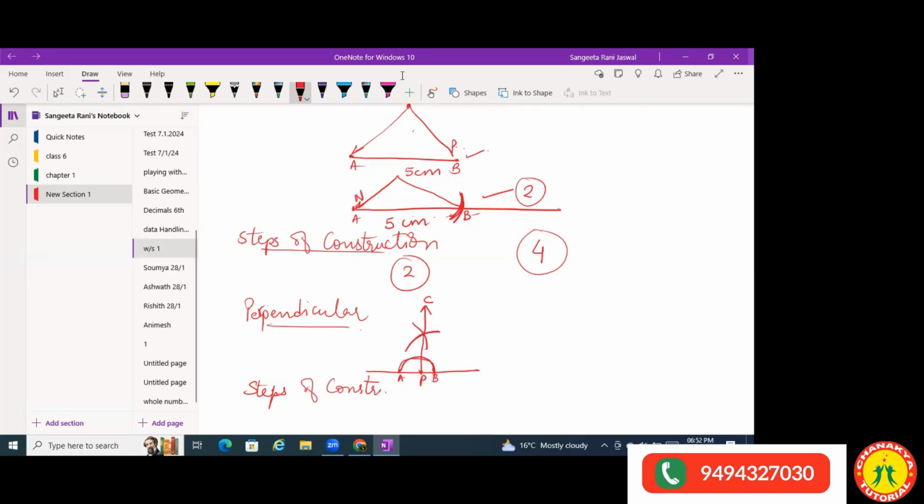Then keep the same measurement of the compass with the needle at point A. Cut the arc made in the previous step. And join the points. So I'm naming this point as D. And PC is the required perpendicular line on line segment AB.